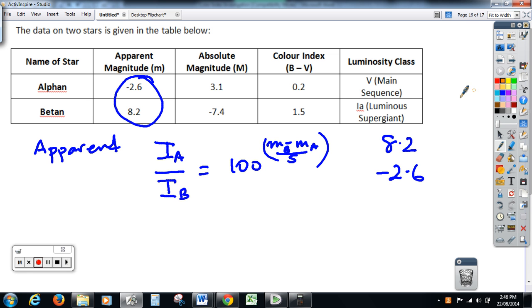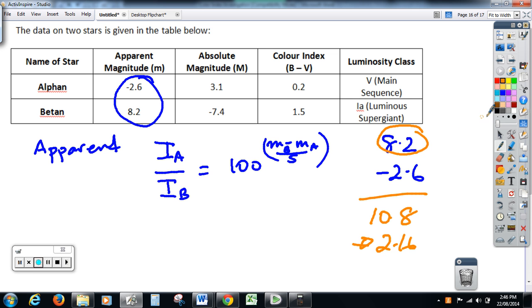We always start with the larger value, which means it's the dimmest star. So we're going to subtract them, and when you do 8.2 minus negative 2.6, that's an addition, you get 10.8. Dividing that by 5, you get 2.16.